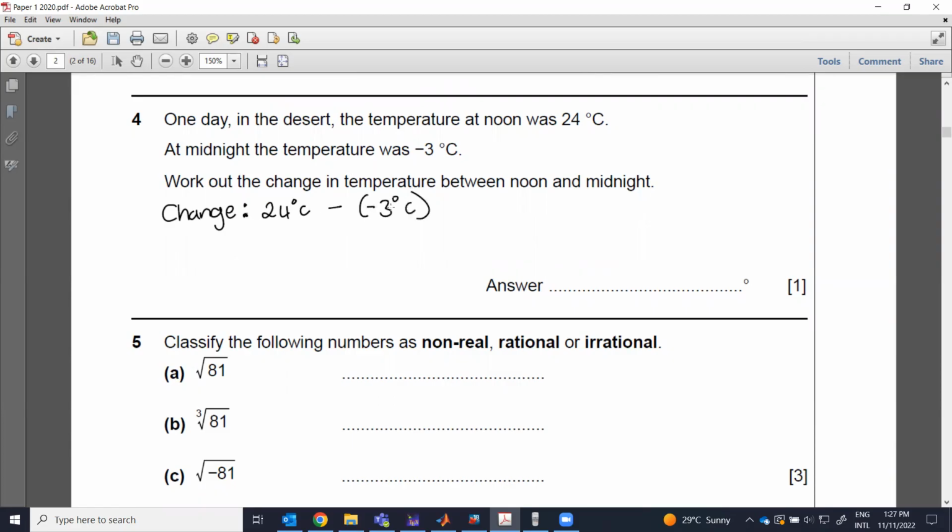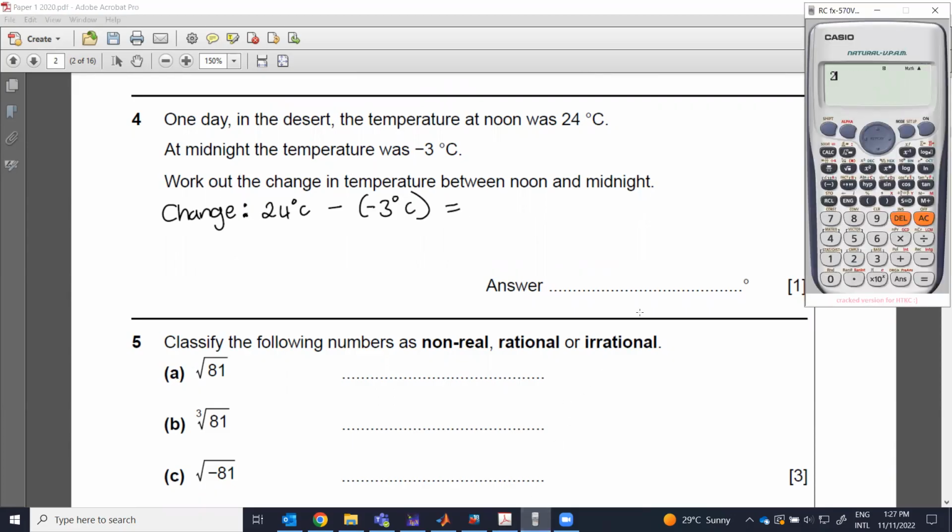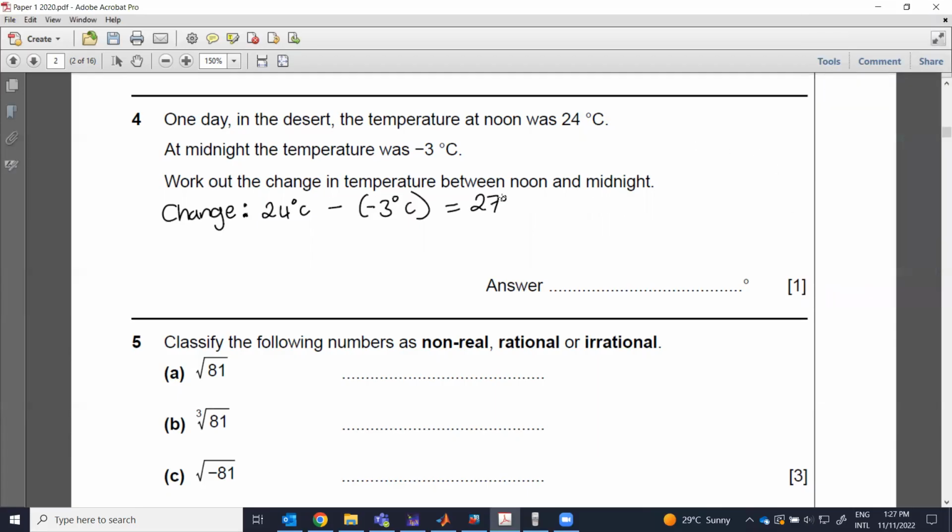You type this in on your calculator, 24 minus -3, and this is 27 degrees Celsius. So the answer is 27 degrees.